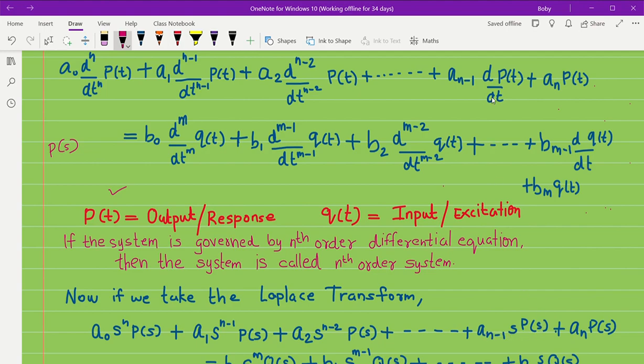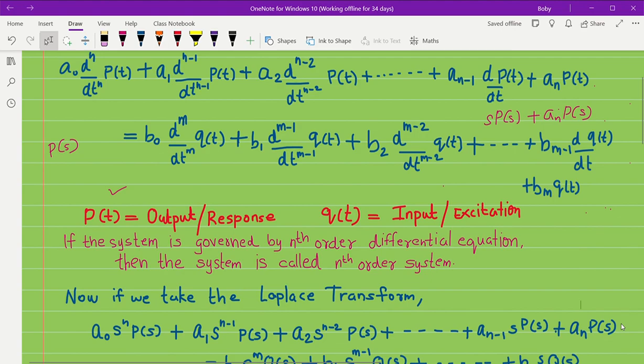You can see here d by dt of p of t is s times p of s. Plus an into p of t; the Laplace transform of p of t is p of s. So an p of s, the last term in the left hand side.